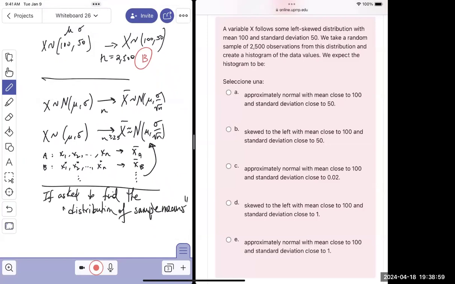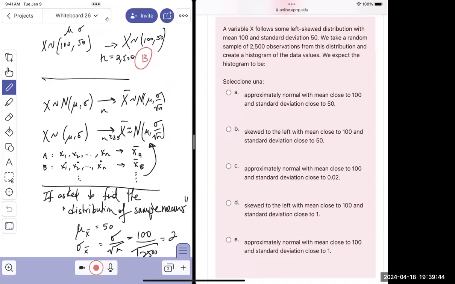And in that case, you would pick the distribution of sample means. The mean would still be 50, but the standard deviation would be the original sigma divided by square root of n, which would be 100 divided by square root of 2500, which is going to be, what is that going to be? 500? 50, sorry.